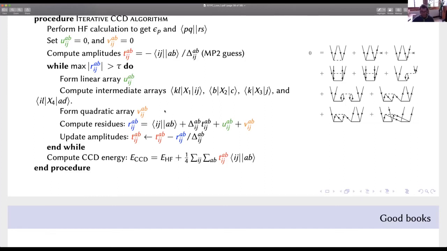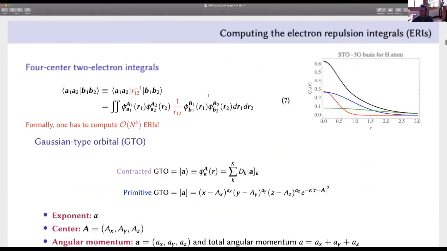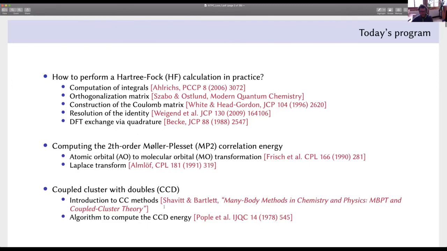There are very nice papers about that. There is a book by Bartlett and Shavitt, where you can find the explanations for all those diagrams.